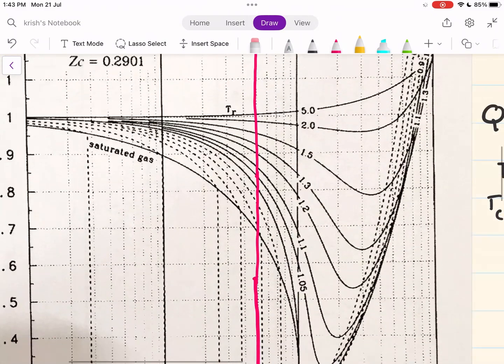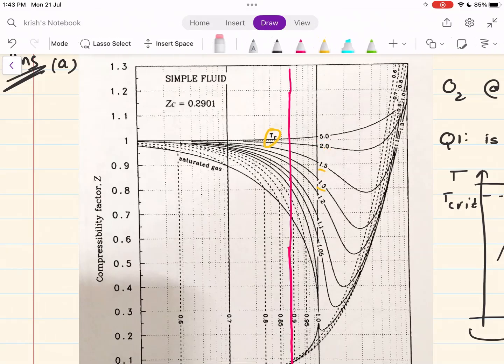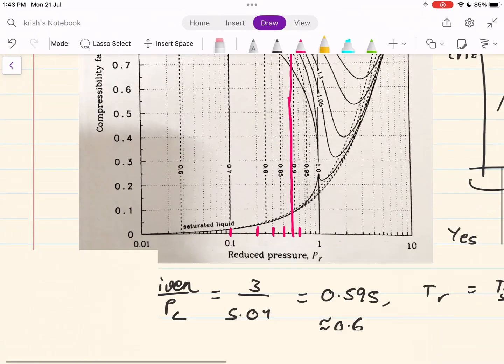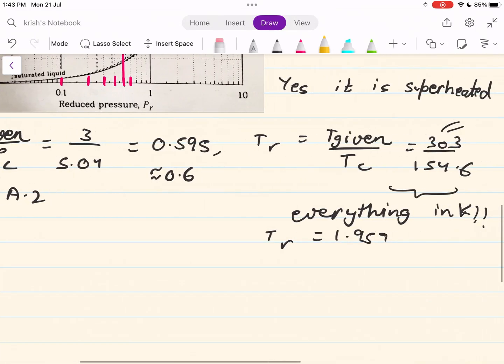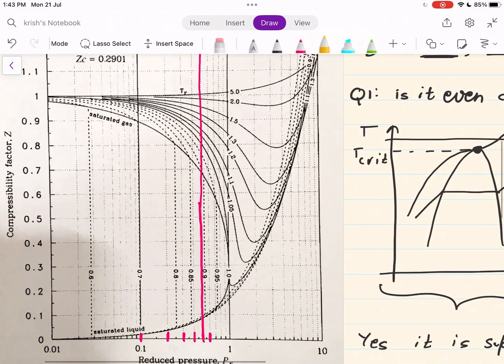Now we will look at which TR curve to choose. Our TR came out to be 1.959, which is very close to 2. And we have the exact value given here. So if we trace this curve, we get something like this. And the point of intersection gives our Z value on the corresponding y-axis.